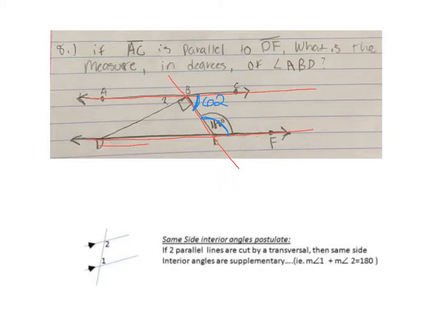All right, and if that's 62, then I'm going to go back to, remember the thing where you had the linear pair and these two angles would form a straight line, so they'd have to add up to 180? You have the same thing going on up here, but it's not two angles, it's actually three angles. You have this little angle here, you have your question mark, you have this 90 degree, and you have this 62.